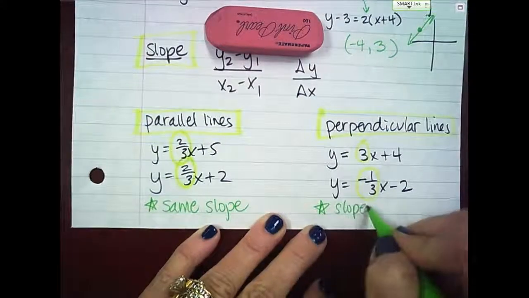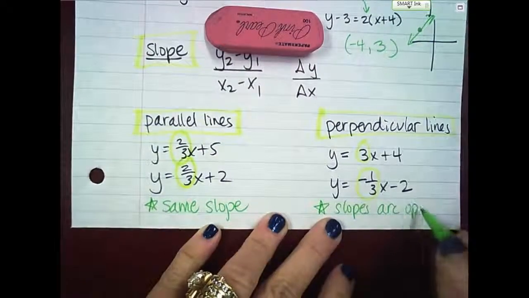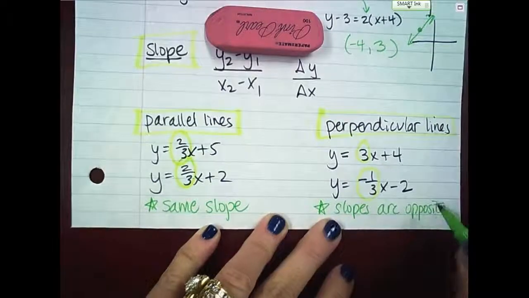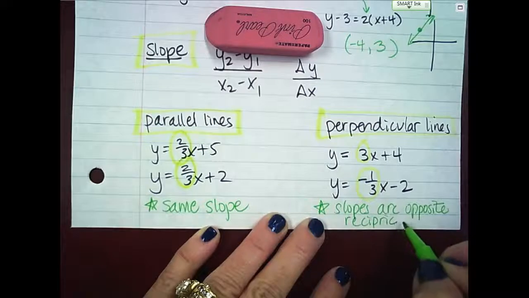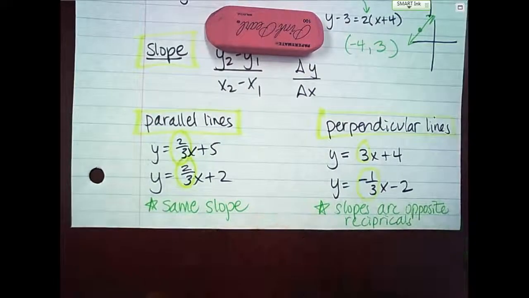Slopes are opposite reciprocals. Now we're actually going to go to your notes.